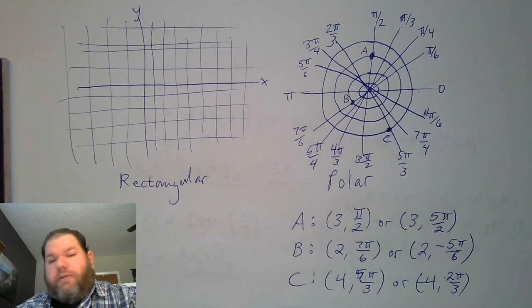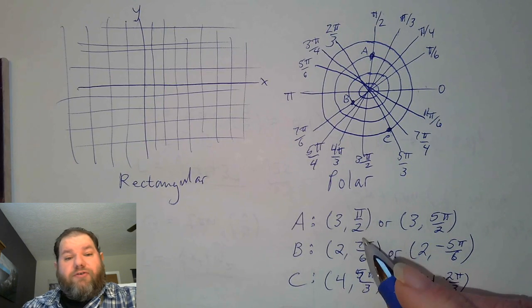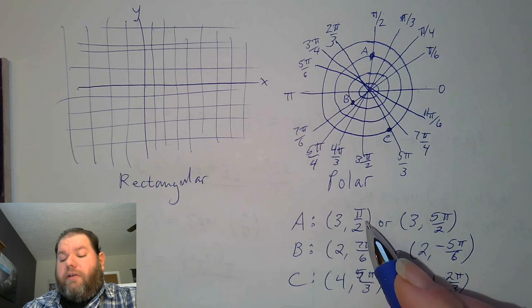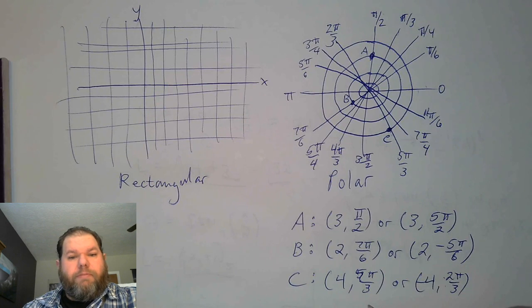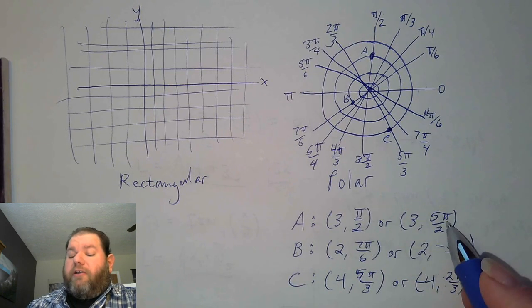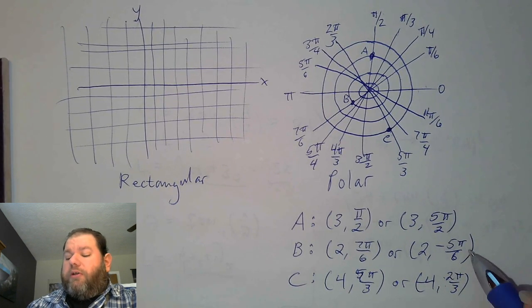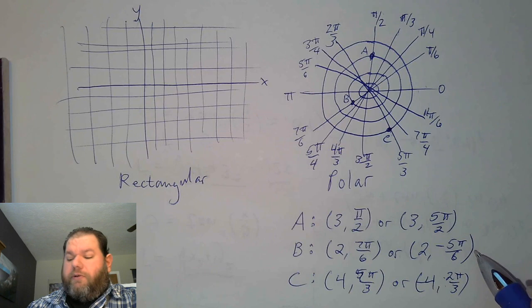Alright, but those are all different ways that we can represent coordinates in the polar plane. So we have our conventional way, which is a positive radius and an angle between 0 and 2 pi. That's the conventional way of thinking about it, but we can make an extra rotation around the circle to get the same coordinate. We could go backwards from 0 instead of forwards, which gives a different coordinate.